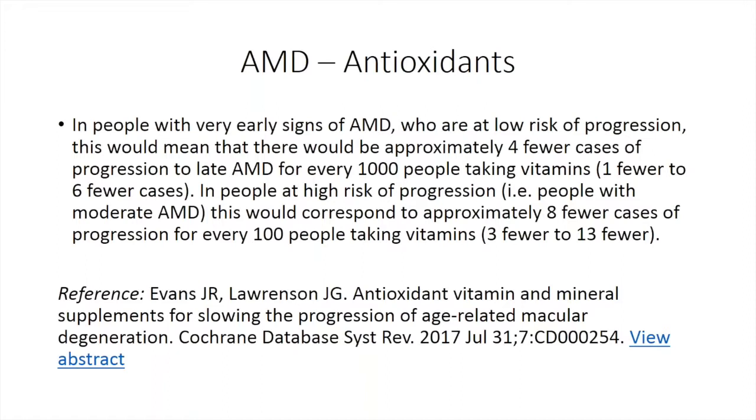In the same study, it seems that people with very early signs of age-related macular degeneration who are at low risk of progression, this would mean there would be 4 fewer cases of progression to late AMD for every 1,000 people taking vitamins. So obviously that's a relatively small hit rate, whereas people with a high risk of progression, people with moderate AMD, it would correspond to approximately 8 fewer cases of progression for every 100 people taking vitamins.